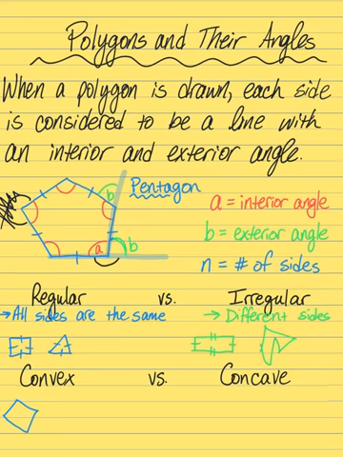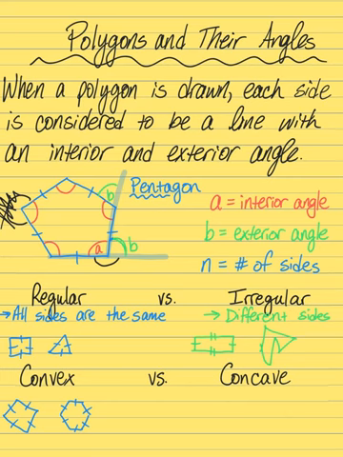It doesn't matter if your shape has 4 sides or 8 sides or 10 sides, as long as all of your corners are pointing toward the outside, and again, it doesn't even have to be regular. As long as all the corners are pointing towards the outside, that means you have a convex polygon.